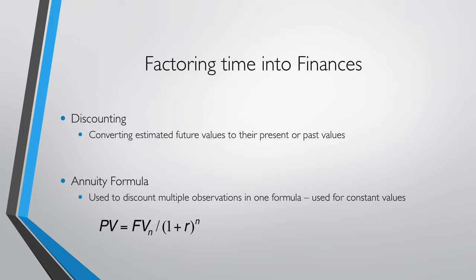If you have 5 years, you have to do the calculation 5 times. If you have 10 years, you would have to do it 10 times. Instead, the annuity formula allows you to do it one time, plug in your variables, and you should get the same answer.